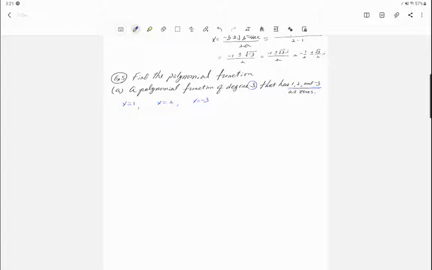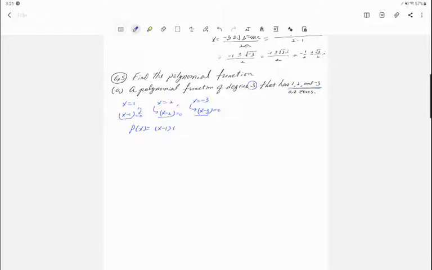If we move 1 to the other side, then x minus 1 is a factor, and x minus 2 is a factor. That is equal to 0. From here, x minus 3 is equal to 0. So we can write a function that is the product of these 3 binomial factors.